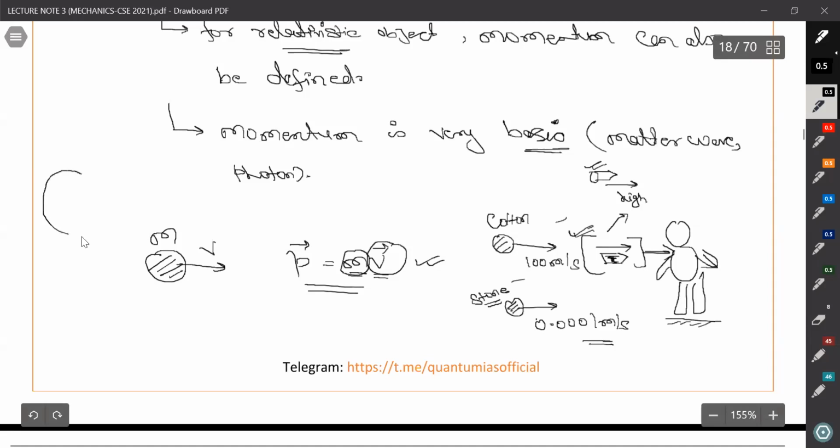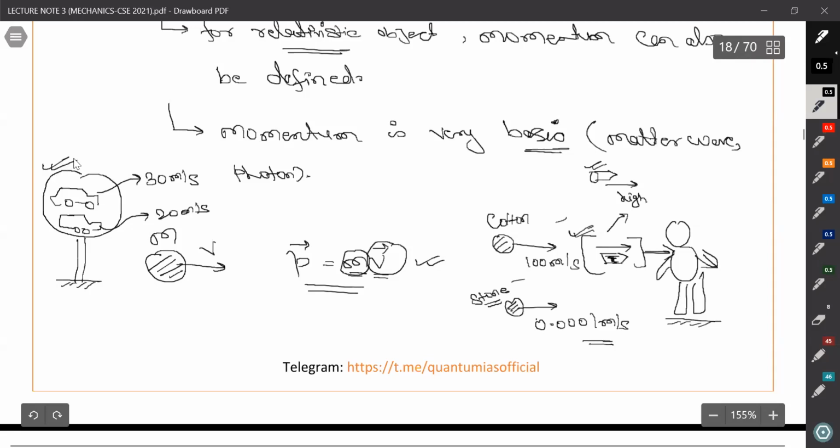Also, this signboard you have seen on the highway, they draw a car and a truck, and the car limit is, let's suppose, 30 meter per second, but the truck limit is 20 meter per second only. Why?